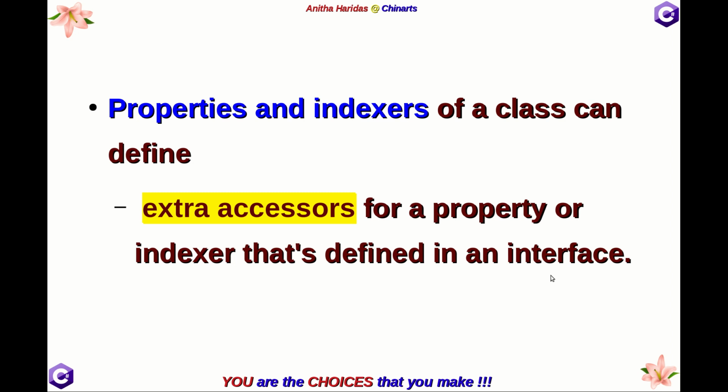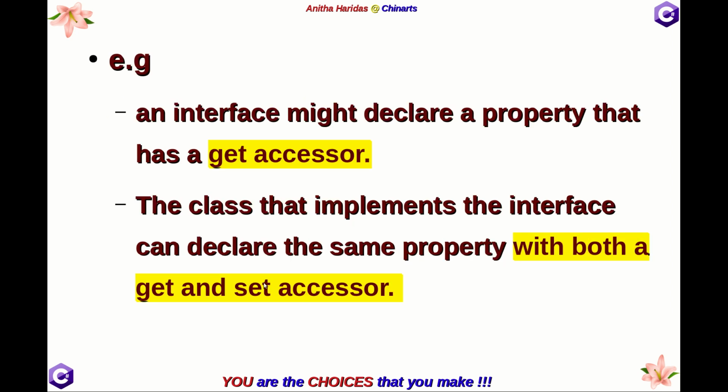I repeat, in an interface you have already defined a property or an indexer, but when you are extending it to a class, the class can define extra accessors. This is permitted in C#. I will show you an example here. Imagine an interface might declare a property that has only a get accessor method. The class that implements the interface can declare the same property with both get as well as set accessor.